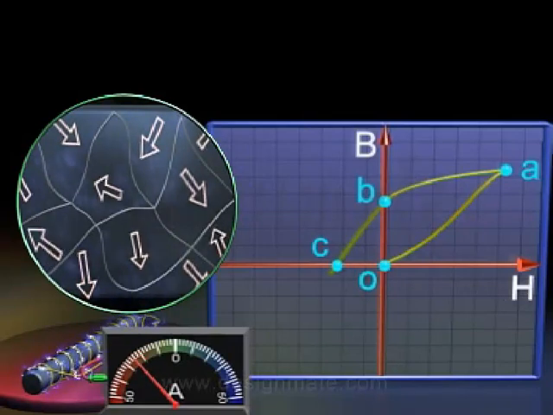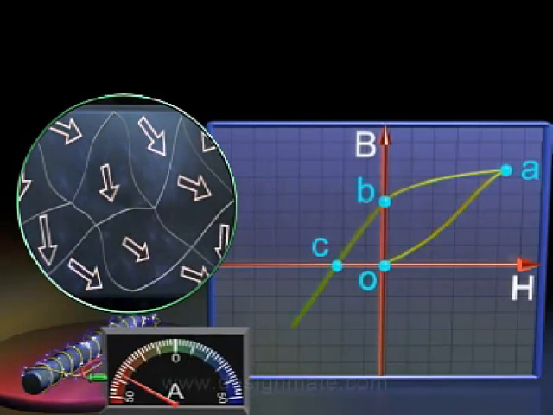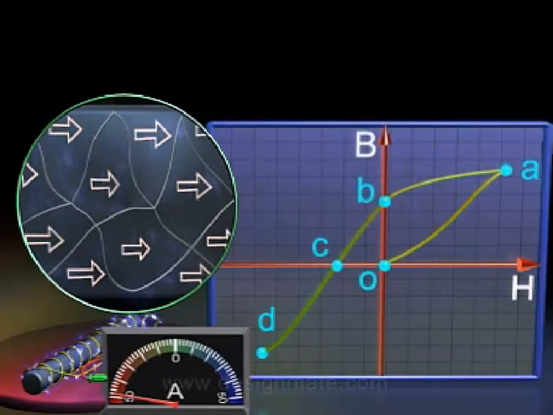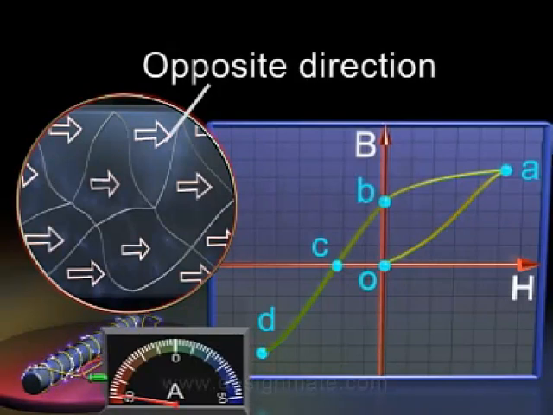If we keep on increasing the current in the reverse direction, B goes on increasing in the reverse direction, and saturation magnetization is again acquired, but in opposite direction.